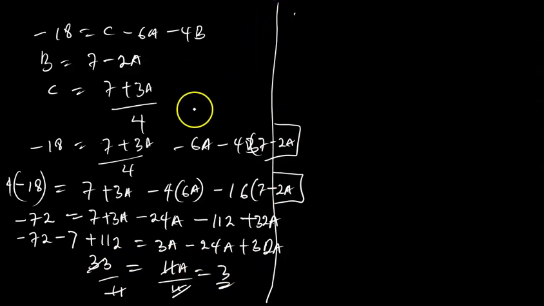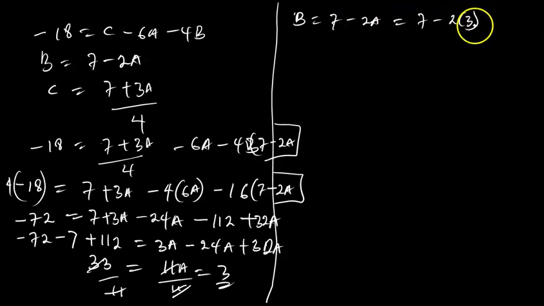Then for b, if a is equal to 3 and b is equal to 7 minus 2a, that means this is equal to 7 minus 2 into 3, that's 6. That's 7 minus 6, which is equal to 1. If b is equal to 1 and a is equal to 3, I can solve for c. That's minus 18 is equal to c minus 6 into a.